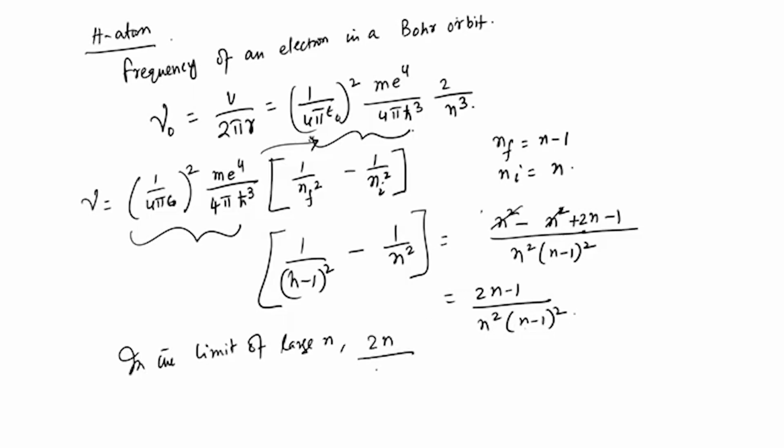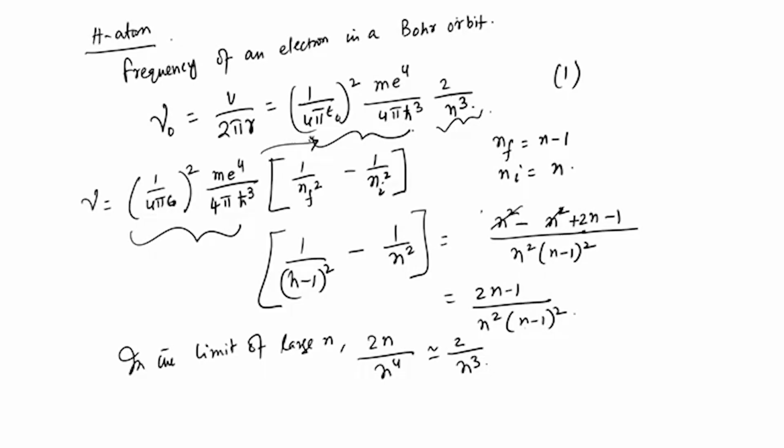So, this goes as 2n by n to the power 4, which is nothing but 2 divided by n cube, and that is the factor that you get here as well. So, it really does not matter whether you are at large values of n or small values of n, the frequency in the limiting case when n is very large would still be given by this formula that you see here. Let us call it equation 1.